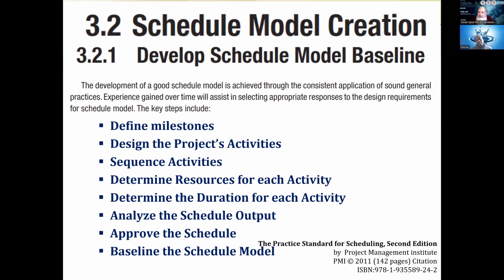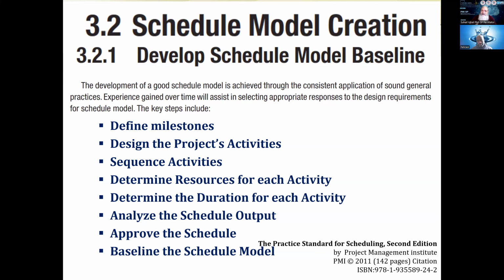We don't actually know the durations at that time because the person who is doing the sequencing is not doing the duration estimate or the resource estimate. That might be another team working on those things. Once all of these three get together, we have determined the resources for every activity and we have determined the duration for every activity.